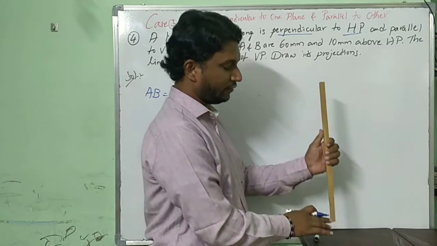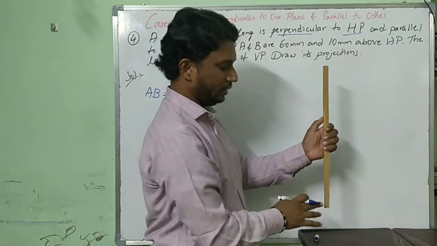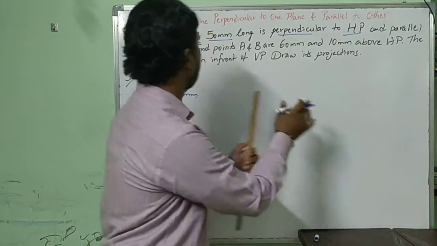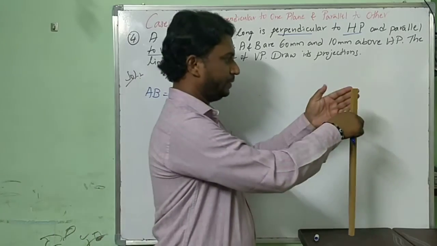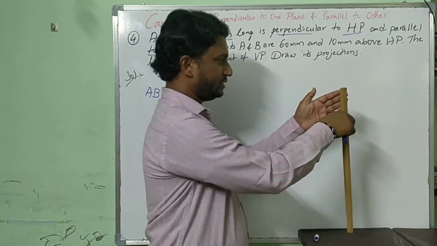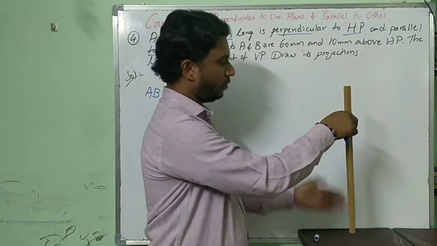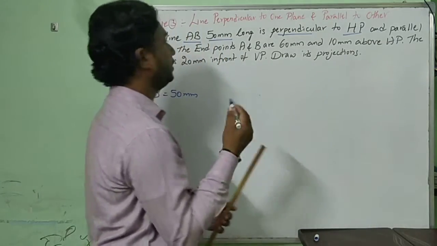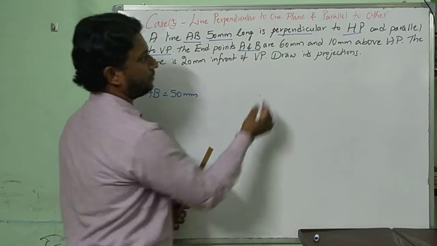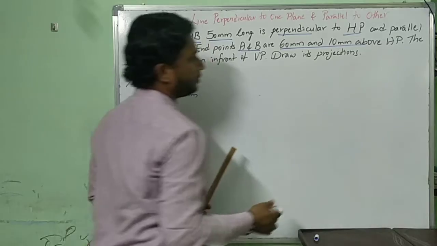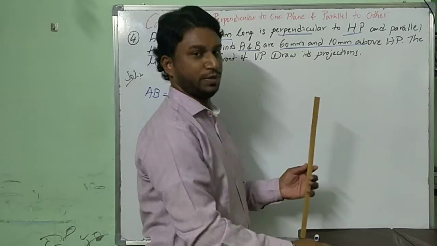There are 2 points for a line, A and B. Considering this as A and this as B, and parallel to VP. Parallel to VP is nothing but the same distance from VP. Top end point and bottom end point are at the same distance. Now, at what distances? The end points A and B are 60 mm and 10 mm above HP.